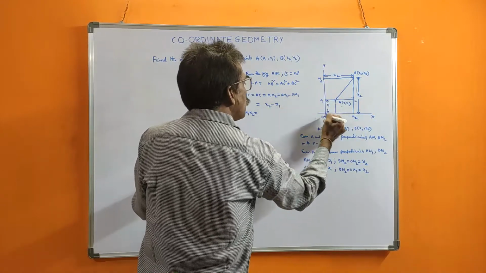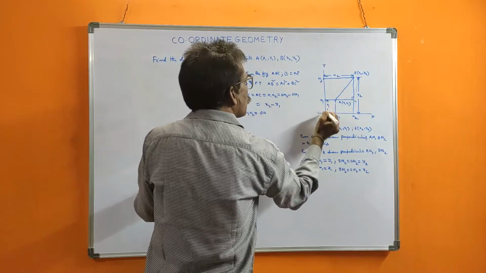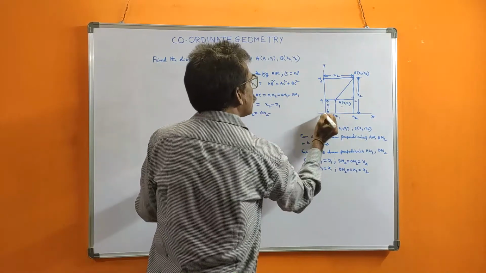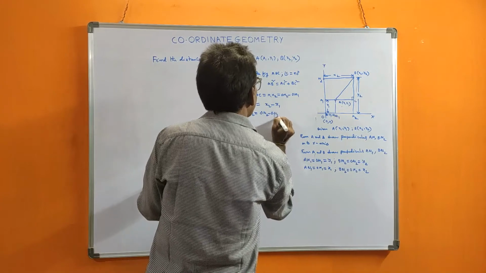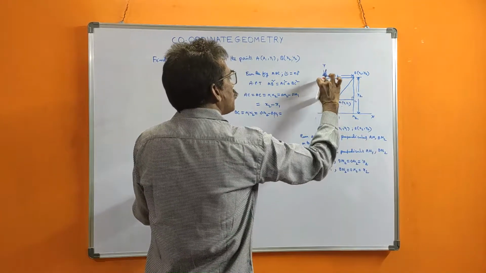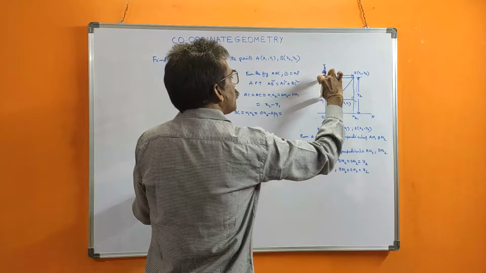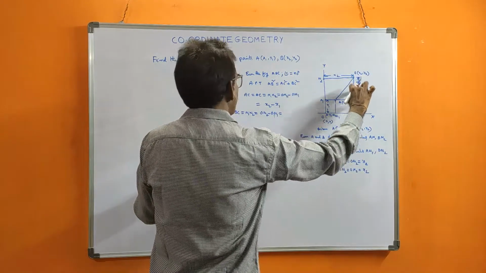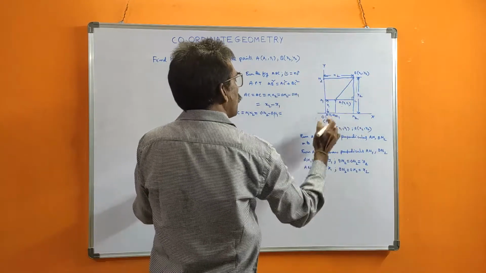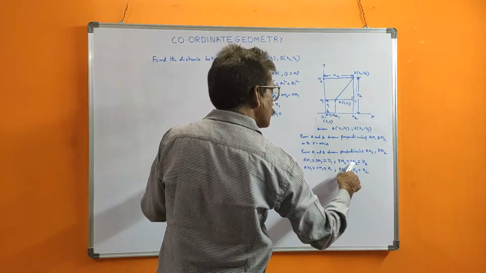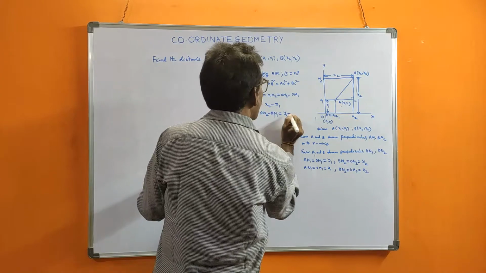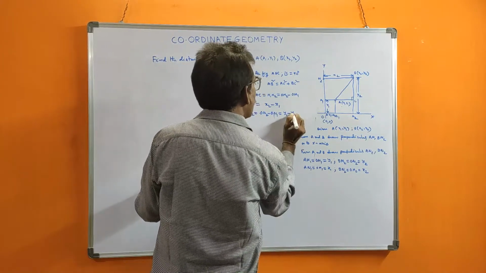This length is equal to ON2 minus ON1. If you subtract ON1 from ON2, you will get this distance BC. That's why ON2 is y2 minus ON1 which is y1.